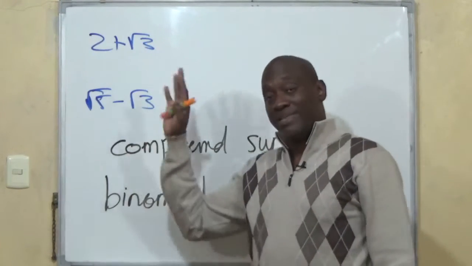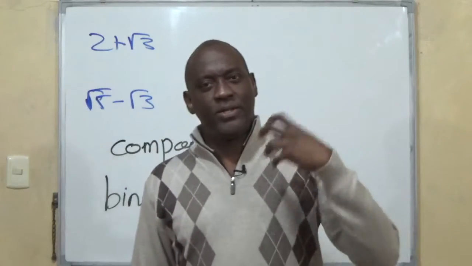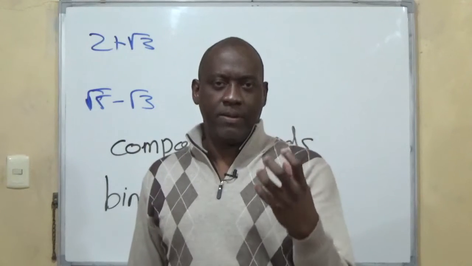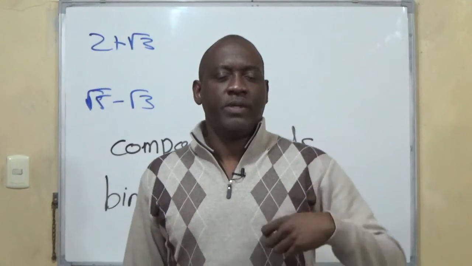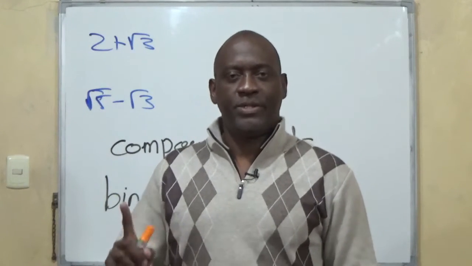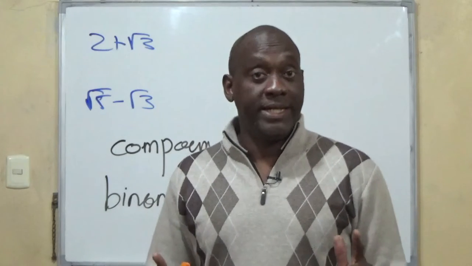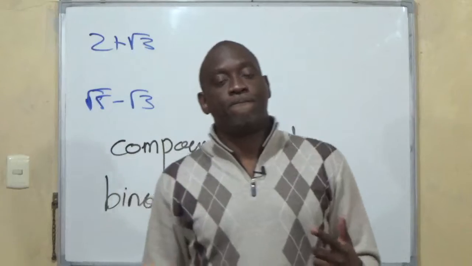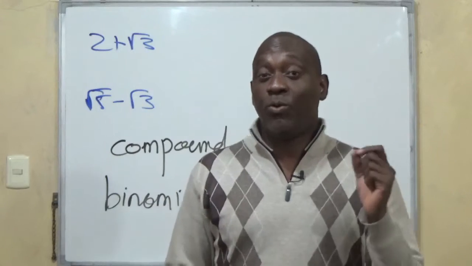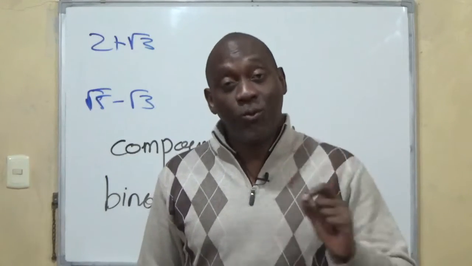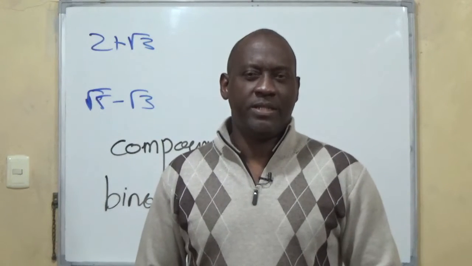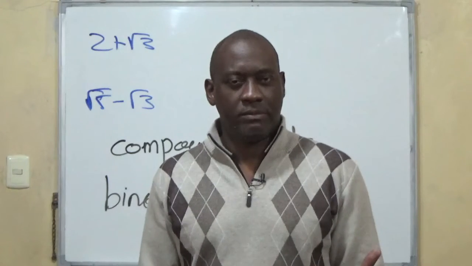In this particular scenario, the only thing you need to do to find the conjugate of a binomial surd, a compound surd, is to just change the sign between the two entities. Let me repeat that. To find the conjugate of a compound or a binomial surd, the only thing you need to do is to change the sign between the two numbers, between the two entities. Let me demonstrate.